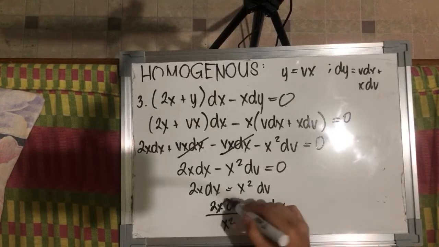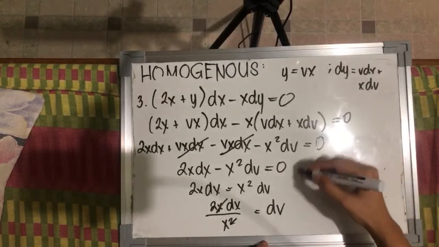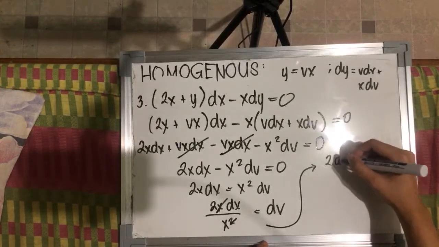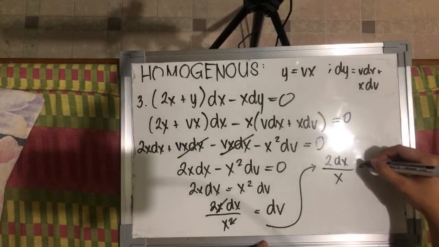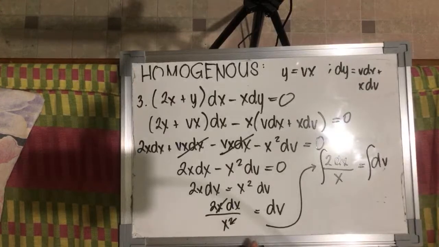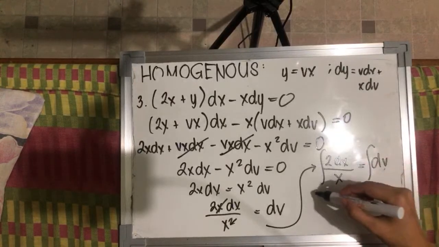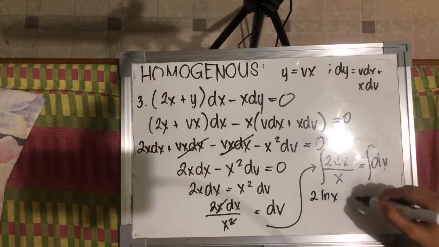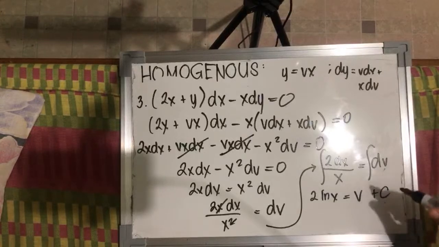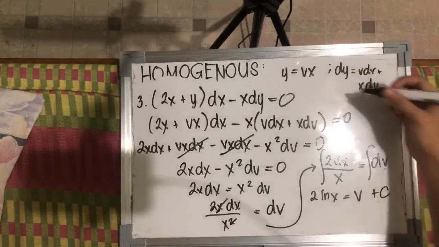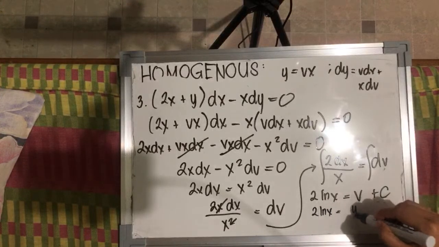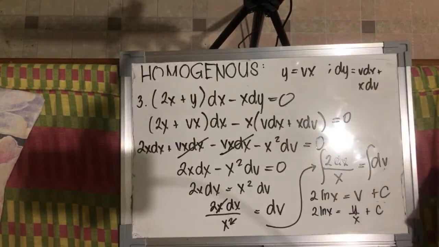So, magka-cancel ito at ito. Magiging 2 dx over x is equal to dv. So, integrate both sides. Since constant to, 2 ln of x is equal to v plus c. Ngayon, substitute mo na ulit yung v is equal to y over x. So, 2 ln of x is equal to y over x plus c.